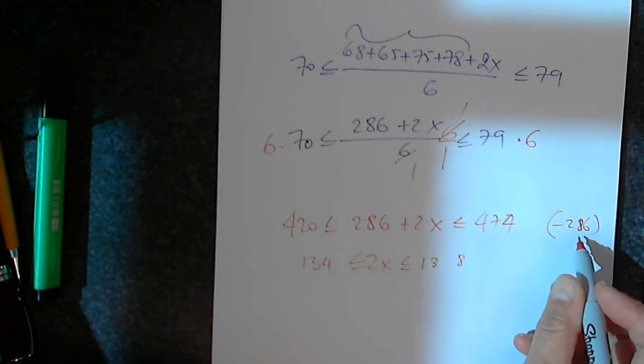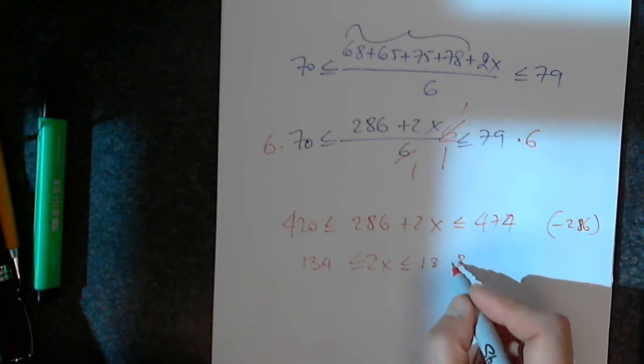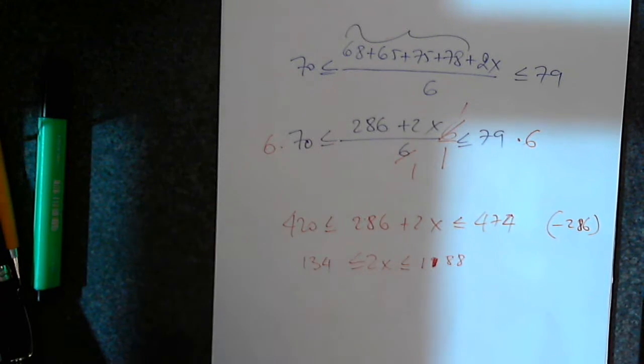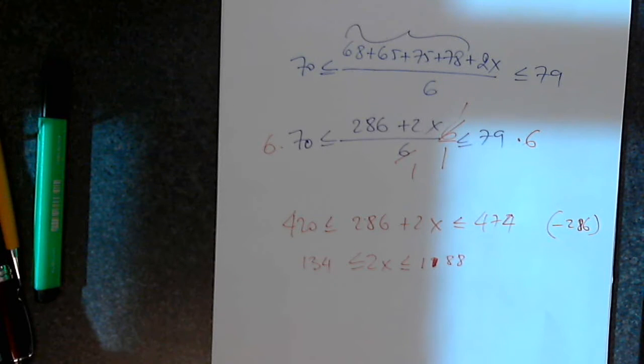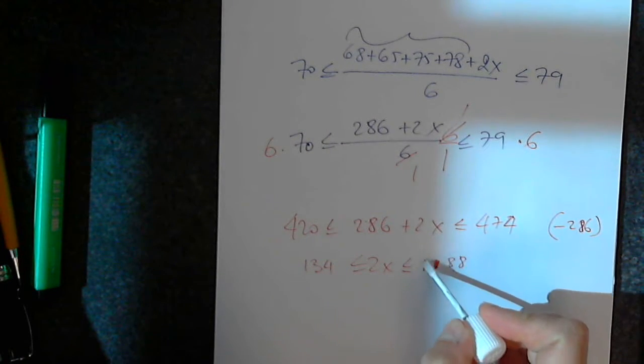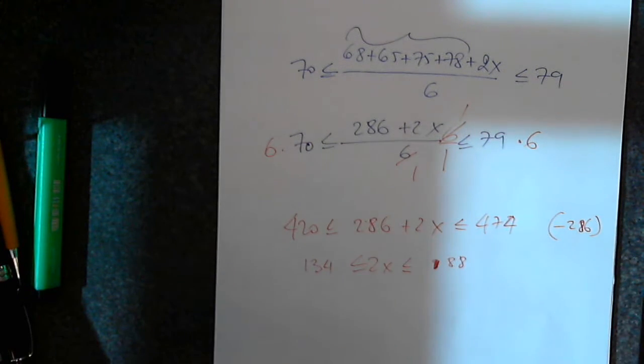So that's 8, and that's 8. And is it 1? 188? Yeah. Good. So 188. Very good. And now we do what?